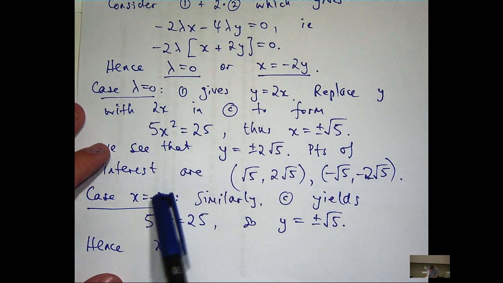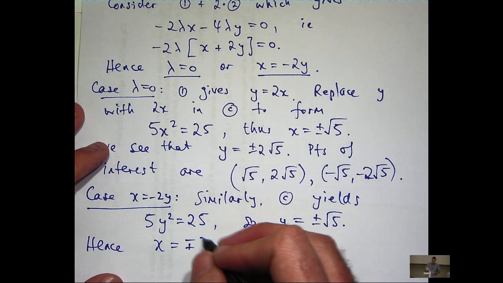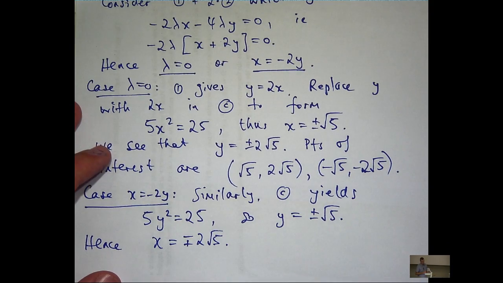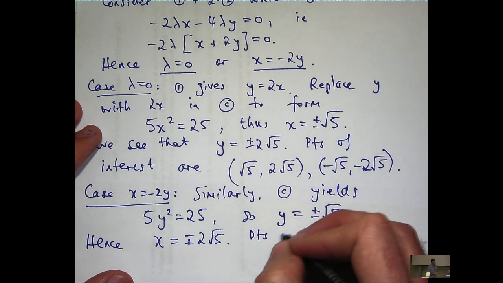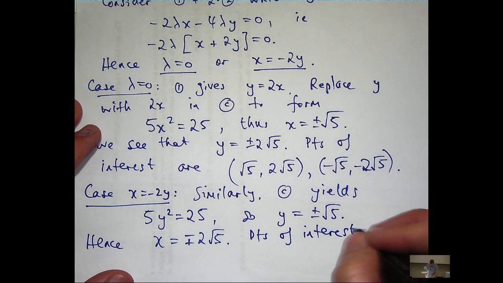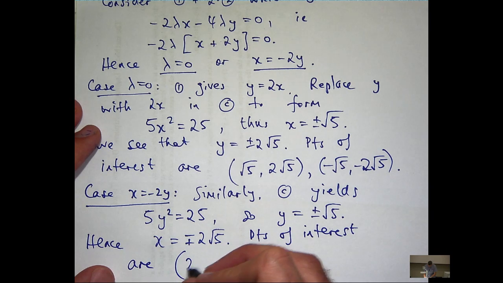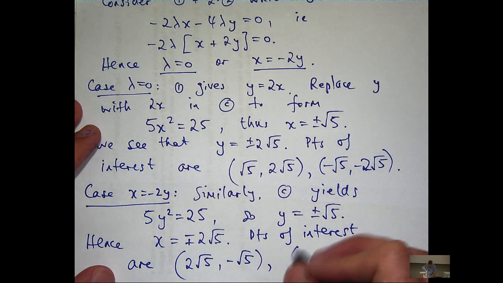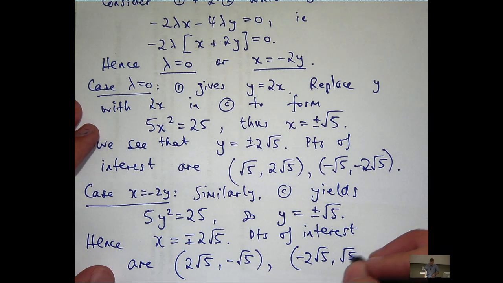But the signs will be different because we're multiplying by negative 2 here. So it's going to be negative or positive 2 root 5. So our points of interest for the case x equals minus 2y are the following. So the signs are mixed.